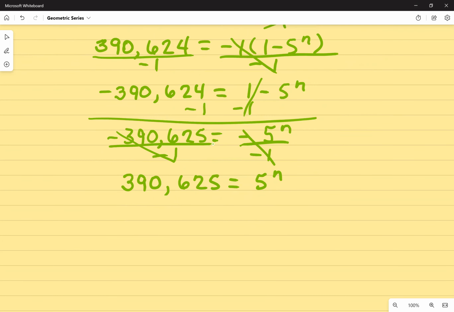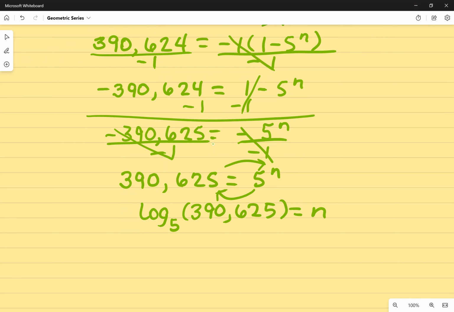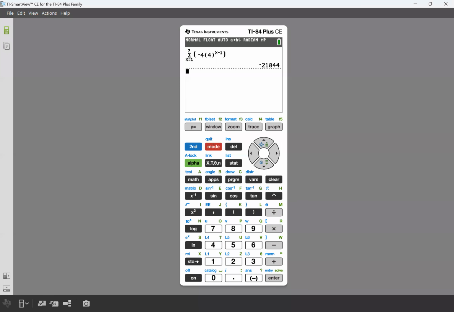So now on this side, I have an exponent, and I want to take the inverse, which is a log. So log base 5, and then we're going to go around the equal sign of 390,625 is equal to n. So now I can find n by simply putting this in the calculator. I can go to my calculator and type in math, alpha, math.